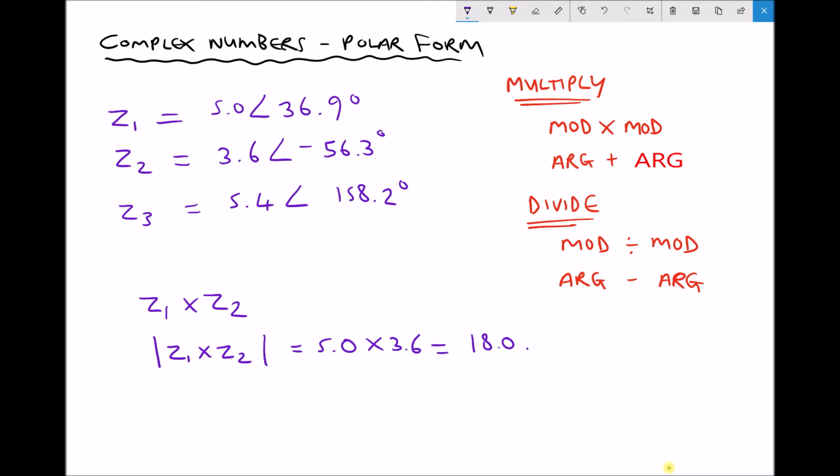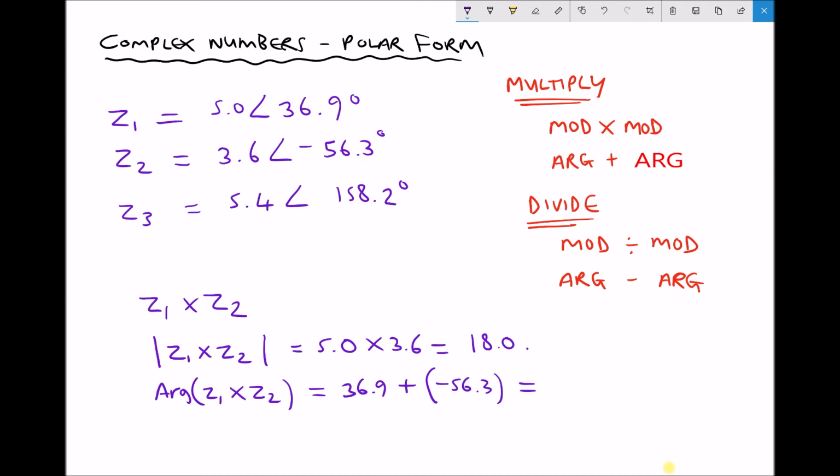When we want to work out the argument of Z1 times Z2, since we're multiplying those two together, we just need to add the two arguments together. So we have 36.9, and to that we're adding, just take care here, a minus 56.3.